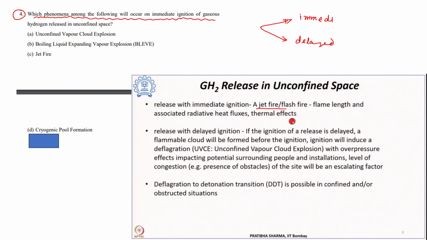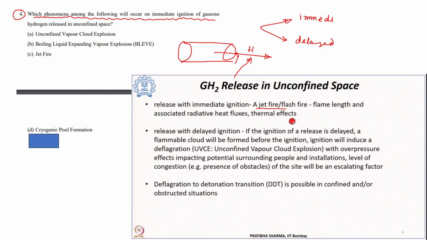Suppose this is your hydrogen tank. Suppose there is one leak, and the hydrogen is coming out through the leak. I am putting immediate fire to the hydrogen. This is called immediate fire.